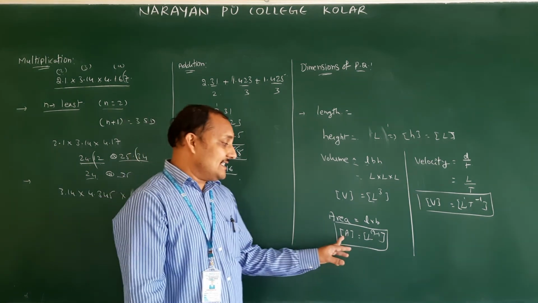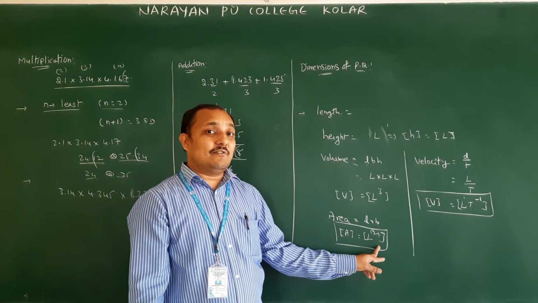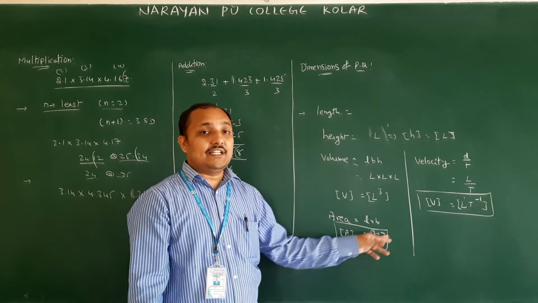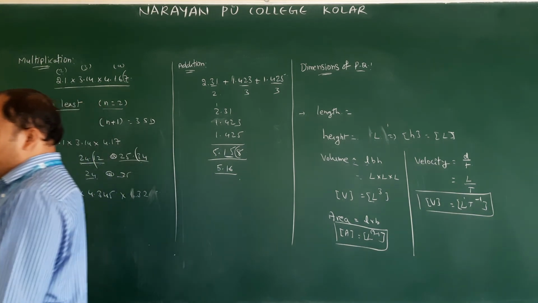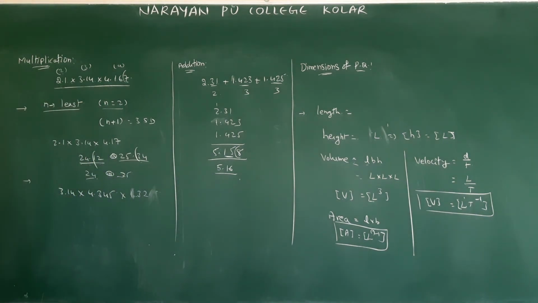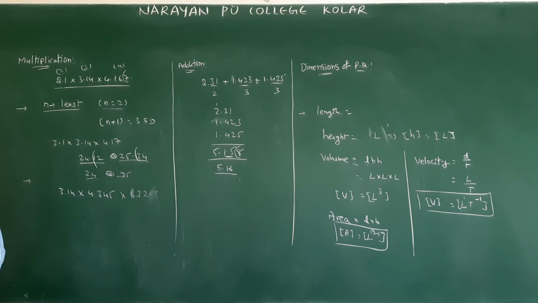The equation which is representing a physical quantity with fundamental physical quantity powers, or dimensions, is called dimensional equation. So we will write so many equations, which are related to first PU and second PU. So the dimensions of a physical quantity are the powers to which it is raised to represent a physical quantity.